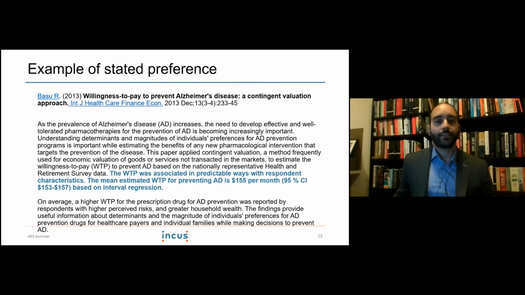And they worked out that on average, people were willing to pay $155 per month to avoid getting Alzheimer's disease or to prevent Alzheimer's disease. So if you have a program that's looking at something similar, you could say, well, it's worth, over a year, $2,000 that people would value preventing this.